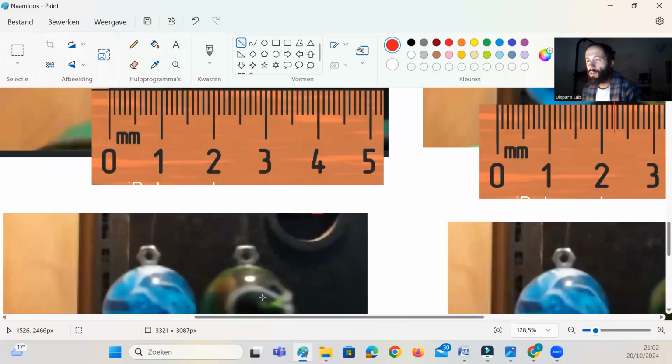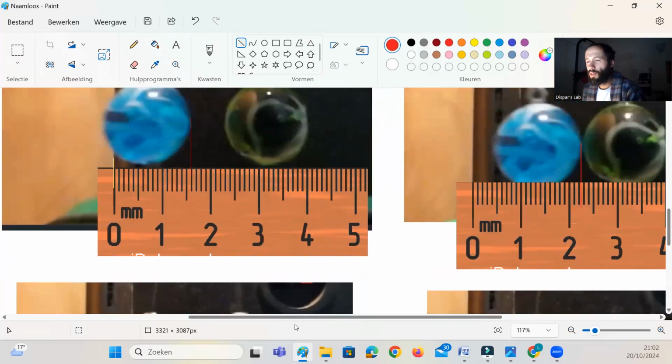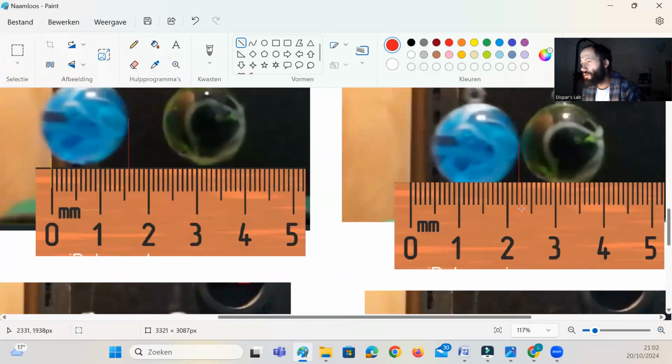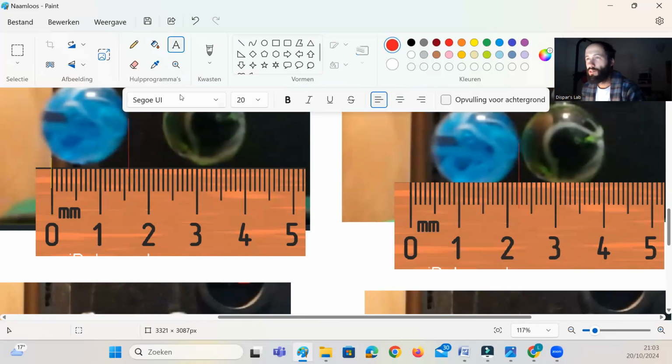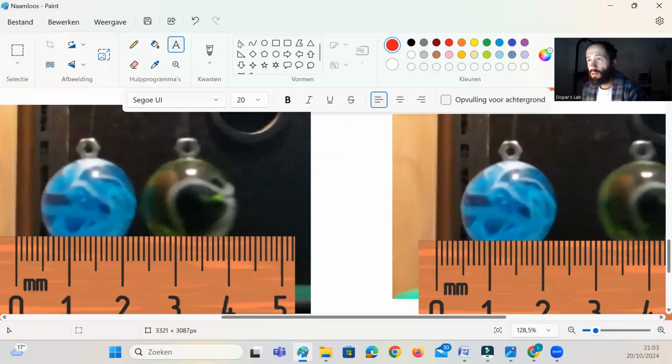So roughly 1.6, and then 2.2, 2.3, which is a distance of 0.65, roughly, between 0.6 and 0.7. It traveled around 0.65 centimeters in 5 frames.